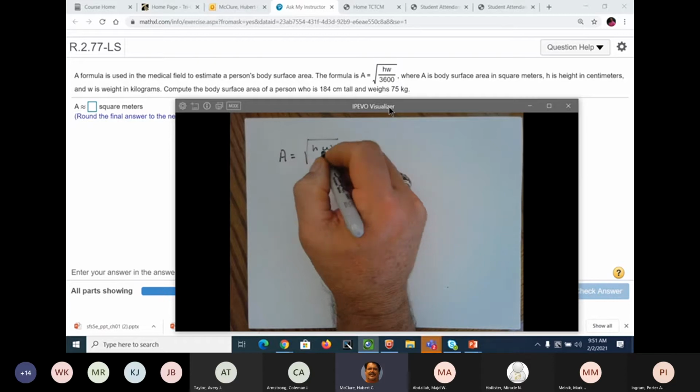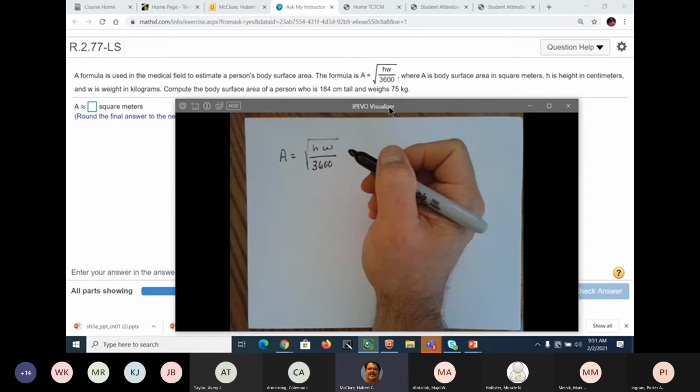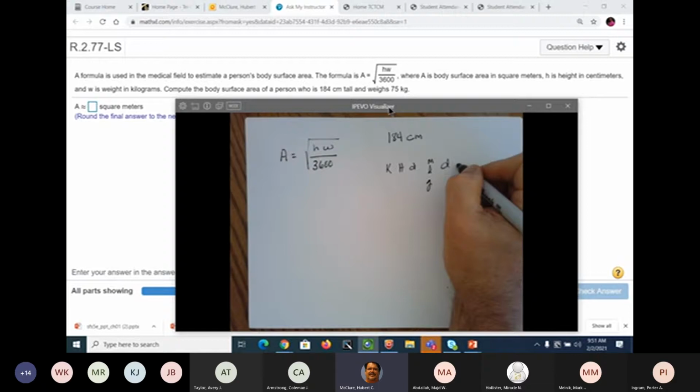So it's W over 3,600. And we're given H is equal to 184 centimeters. King Henry died, meters, liters, grams, drinking chocolate milk. That's supposed to be a deca.